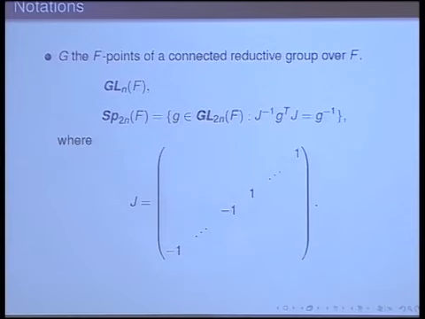The results that I'll talk about apply to what I would call a classical group, which includes unitary groups and orthogonal groups, but ones where there's no division algebra involved, so no quaternion division algebras. So those are the groups.